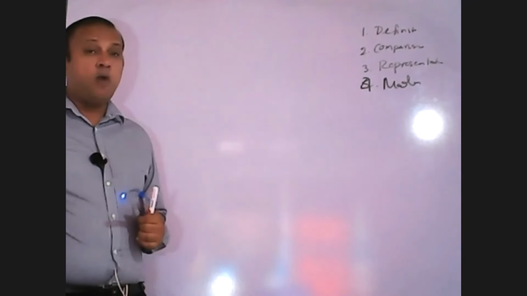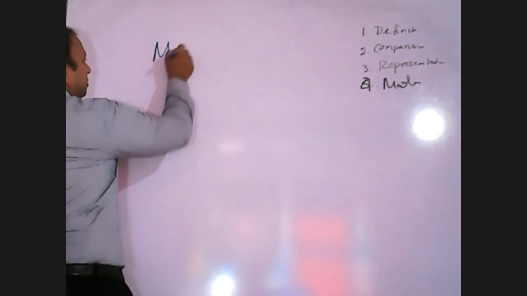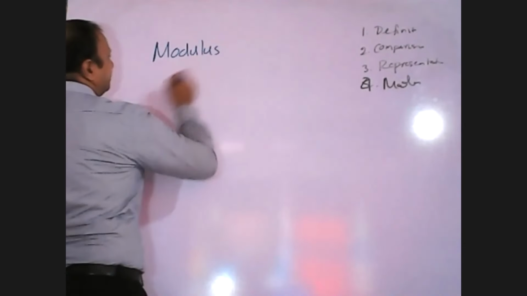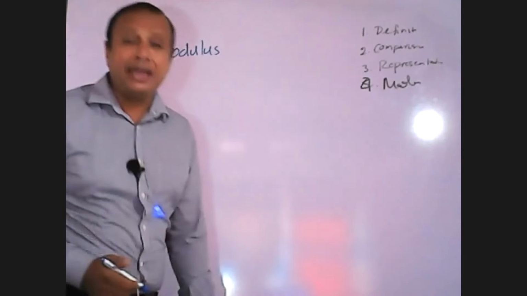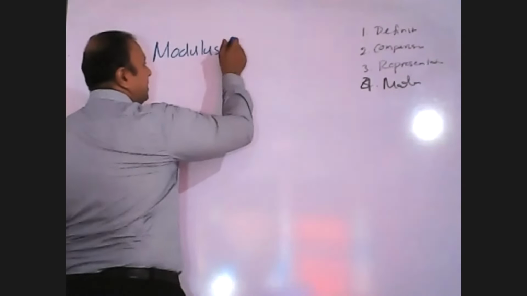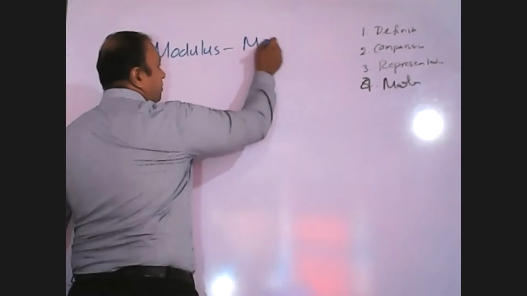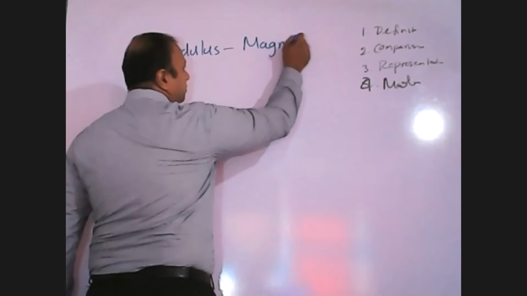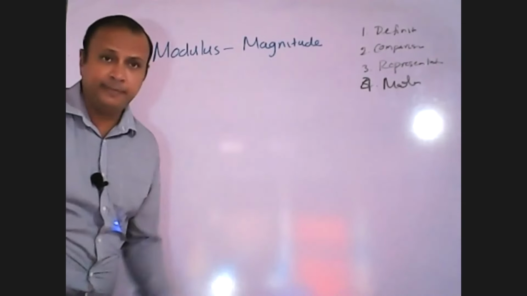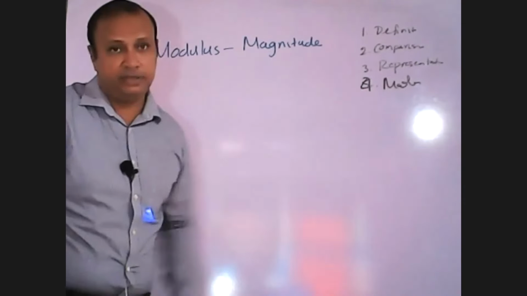Modulus means the magnitude. So the modulus of a vector means the magnitude of the vector.